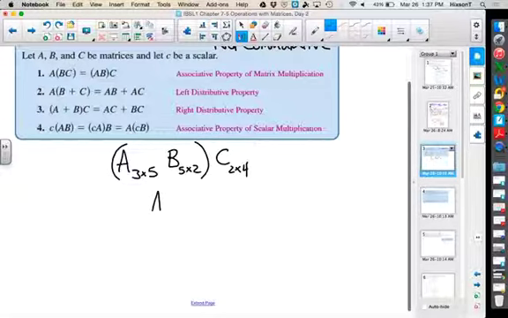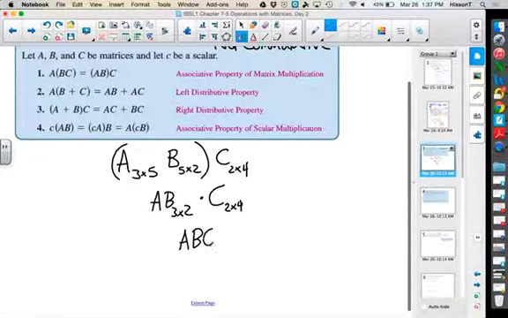AB is going to be a 3 by 2 matrix. And then if I multiply that by C, that's a 2 by 4, what do I get? 3 by 4. ABC is a 3 by 4 matrix. That's not necessarily proper notation there, but after you multiply those together, the result is going to be a 3 by 4 matrix.